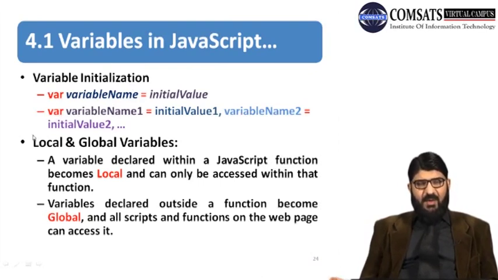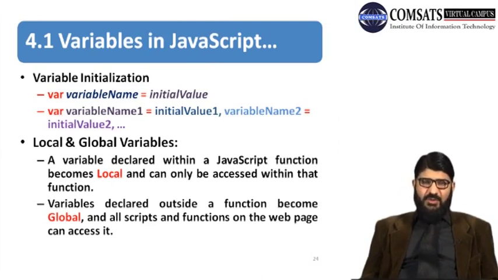Proceeding onwards, see what local and global variables are. A variable declared within a JavaScript function becomes a local variable and can only be accessed within the same function, while a variable declared outside a function becomes global and can be accessed by all the scripts and functions on a web page.